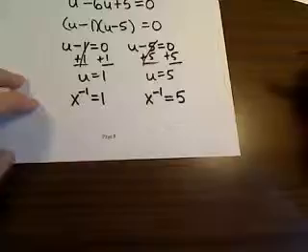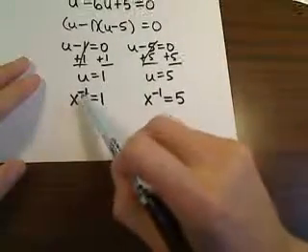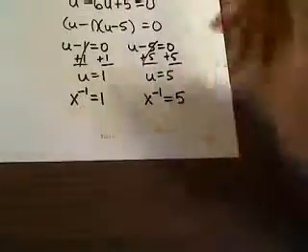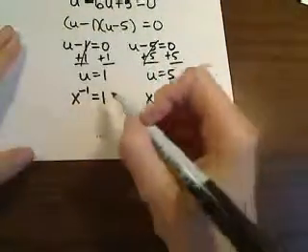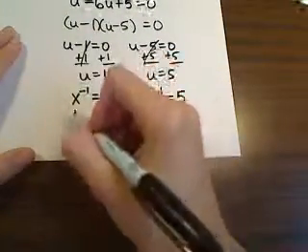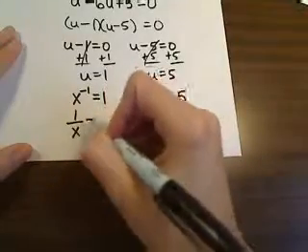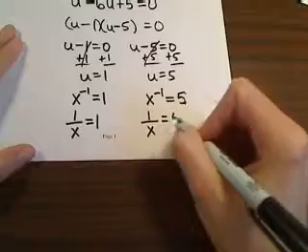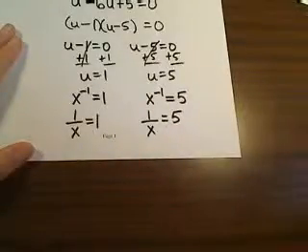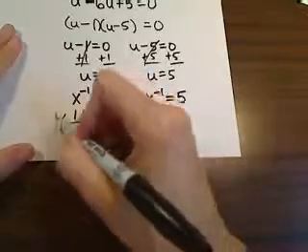Okay, and if I want to solve that, then I have to remember what negative exponents mean. Negative exponents mean that really you're talking about a fraction. So x to the negative 1 here is the same thing as 1 over x, and same thing over here. And if I'm looking to solve 1 over x equal to 1, you're simply clearing the fraction.